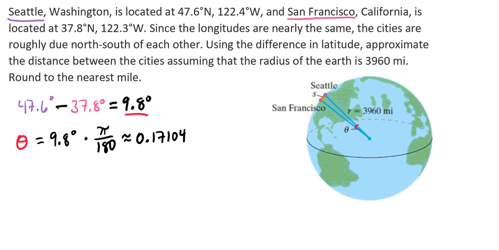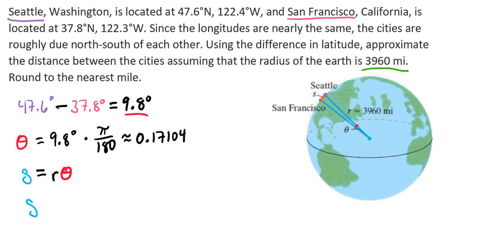And now to find that distance, we're going to use the formula S equals the radius of the Earth times our angle in radians. And remember that we talked about the Earth having a radius of 3,960 miles.